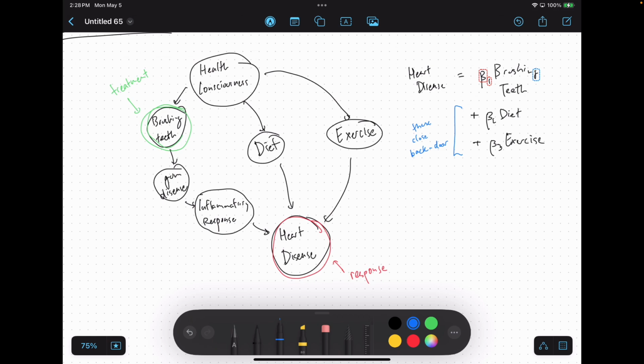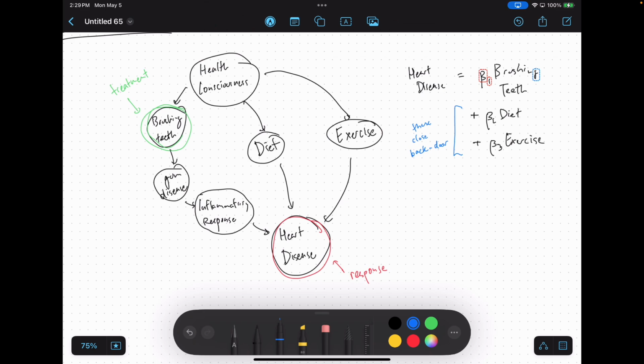But if I control for diet and exercise, that cuts off all the ways that health consciousness could be affecting heart disease besides brushing my teeth, right? So imagine a case where, for simplicity, let's get rid of exercise for a second.